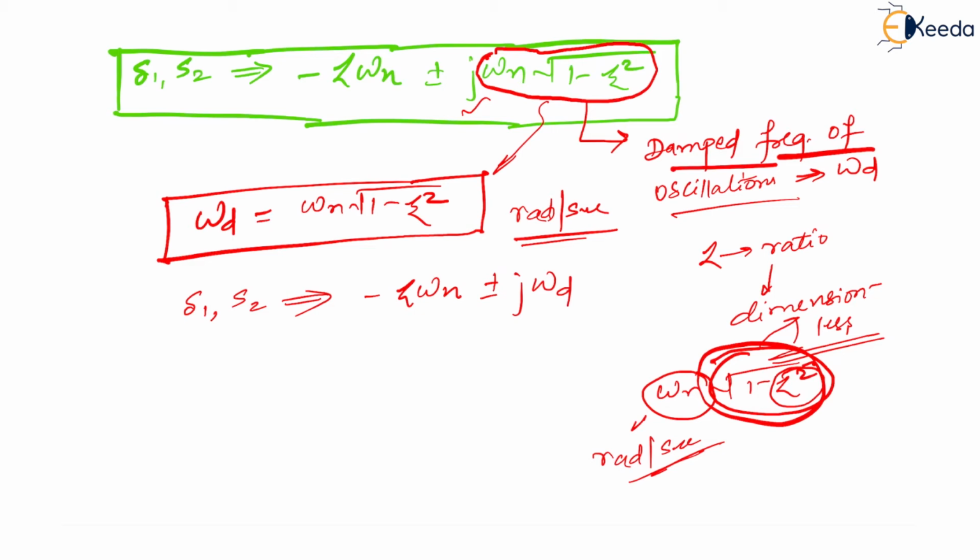Now, if these are the two roots, then definitely we can rewrite our transfer function. G of s is equal to omega n squared upon s squared plus 2 zeta omega n s plus omega n squared, correct? This is what it was.